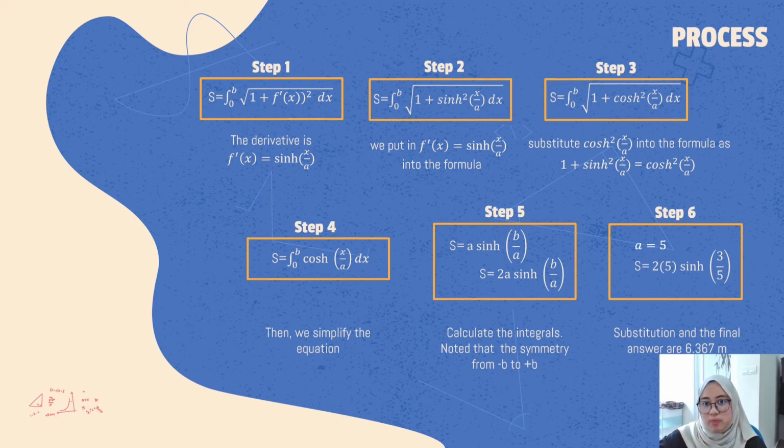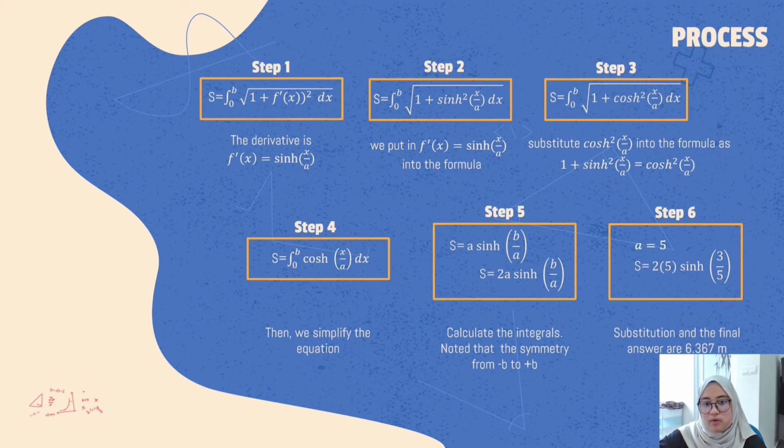So we will get the integral of the square root of cosh squared of x divided by a dx. We can simplify the equation and get s equal to the integral of cosh of x divided by a dx.